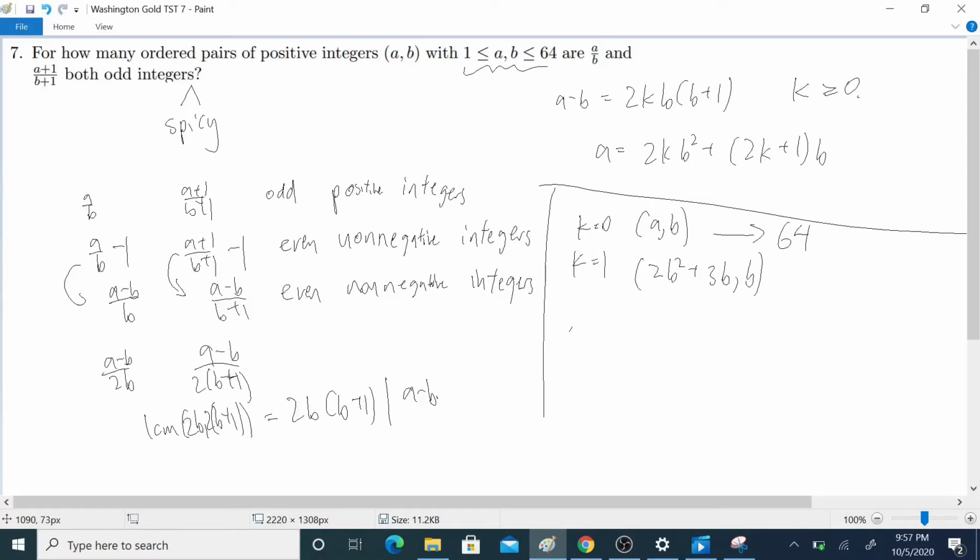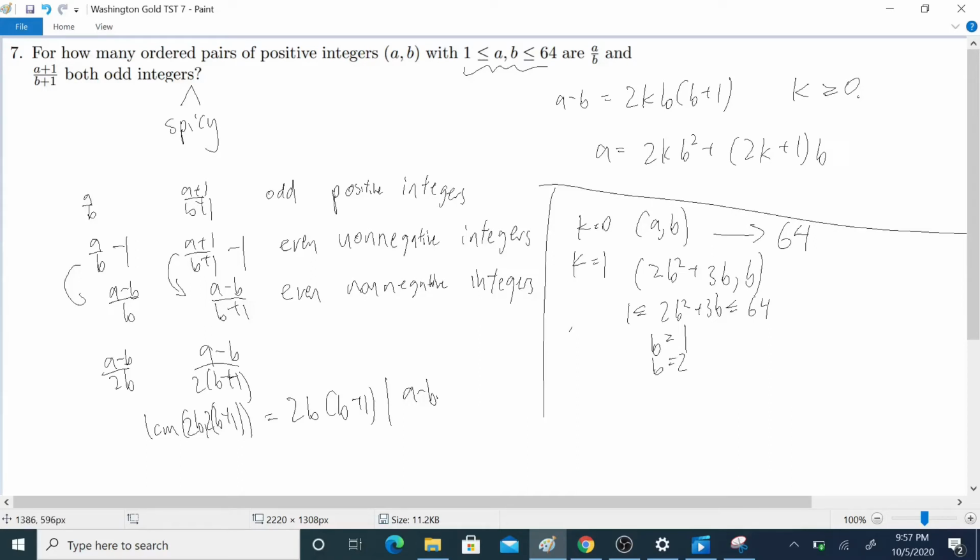So we need 1 ≤ 2b squared plus 3b ≤ 64. So we count how many values of b satisfy this. We know that b is greater than or equal to 1, right? And we could just run through values.